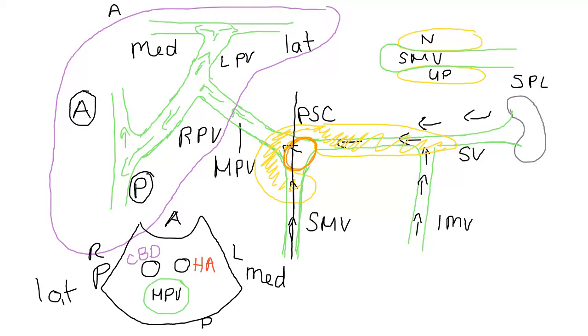So what the uncinate process does is essentially go through and wrap around the back of the SMV, posterior to the SMV, and that's how we get this little hamburger, cheeseburger image. Because if we think of our screen's orientation, and I just mentioned now we're in sagittal, our notch is pointing towards the head, or superiorly, and the opposite would be true on the other side.